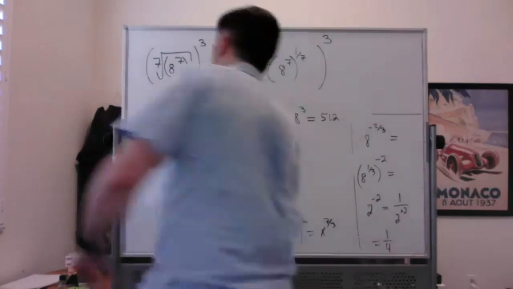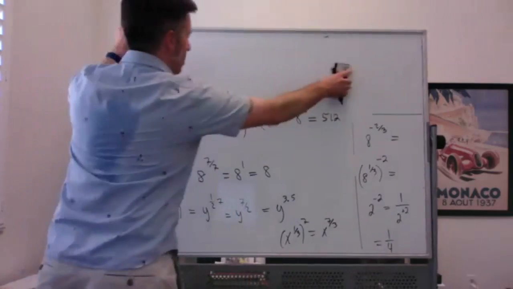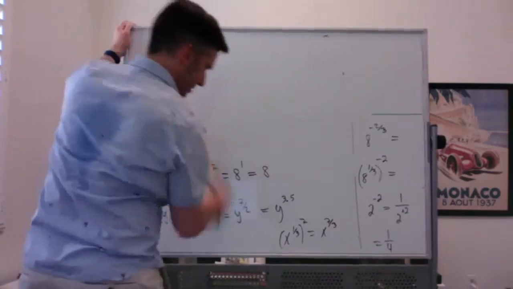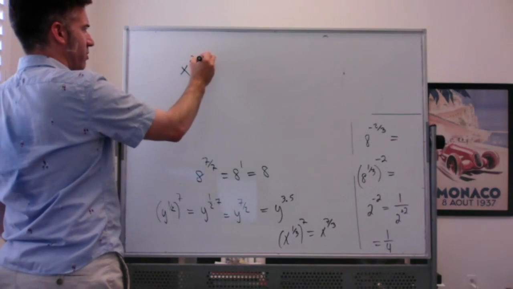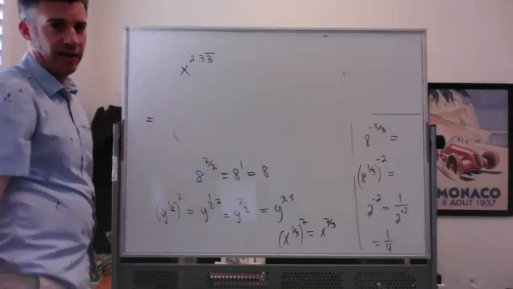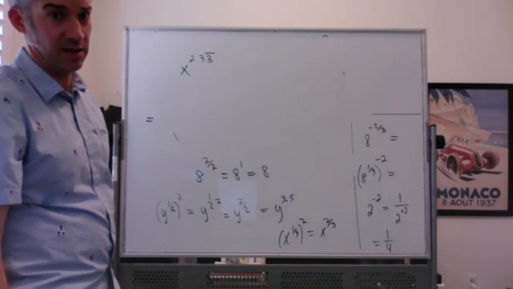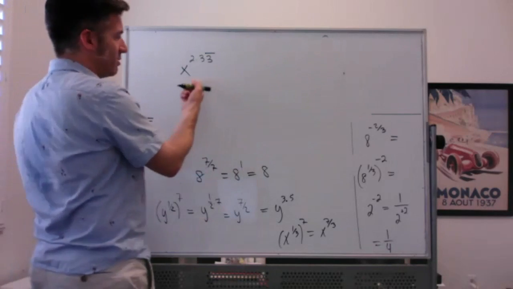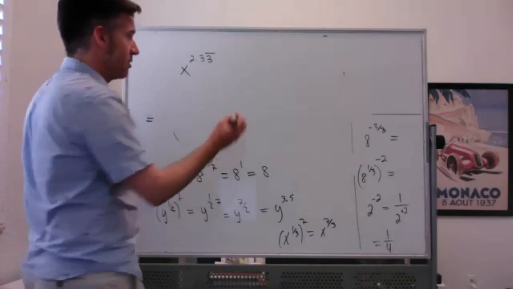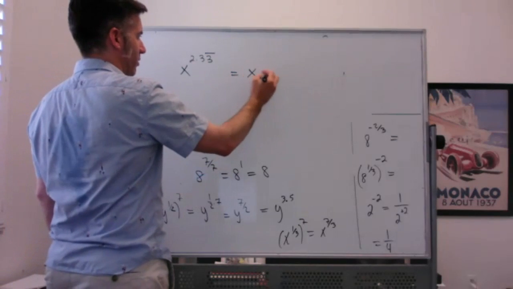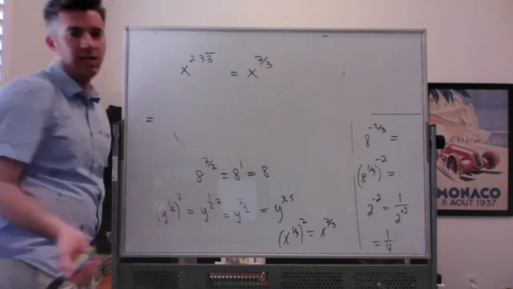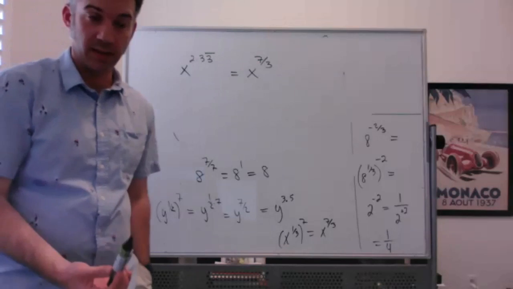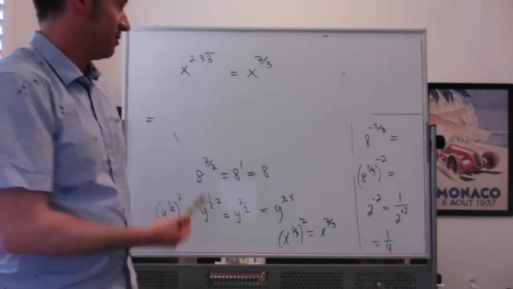I really would encourage you to not write that as x to the 2.33 repeating. That just seems a little silly. It would technically be correct, but it would be better to write it as this. So that's why oftentimes people don't use decimals in their exponents, because they're not very nice.